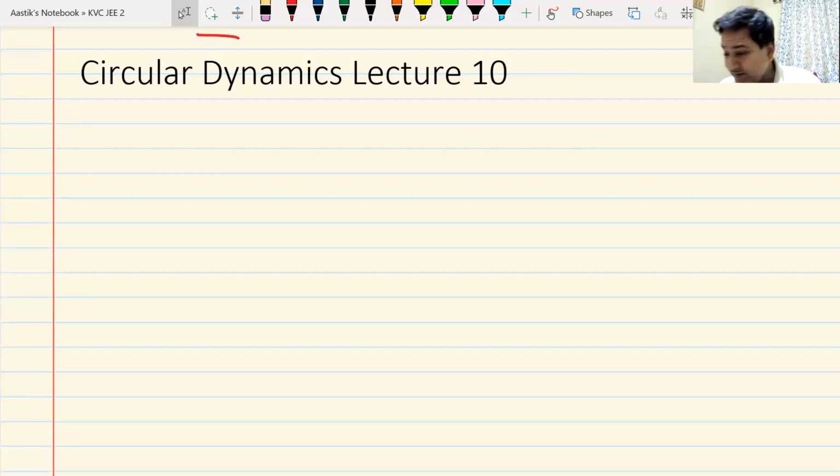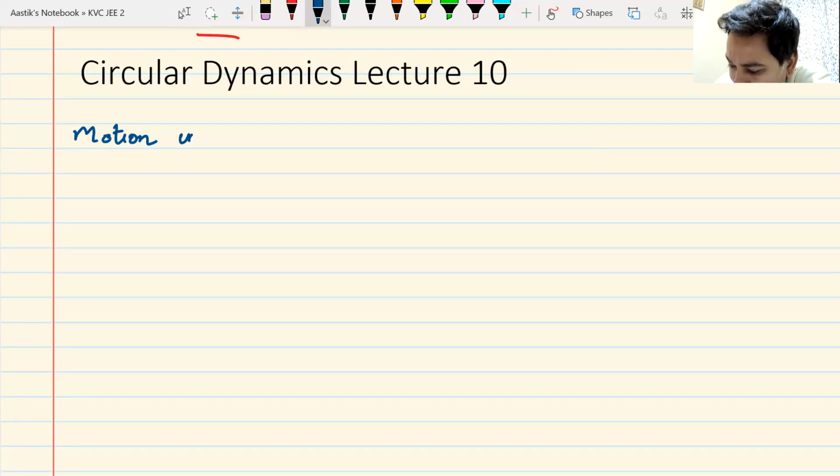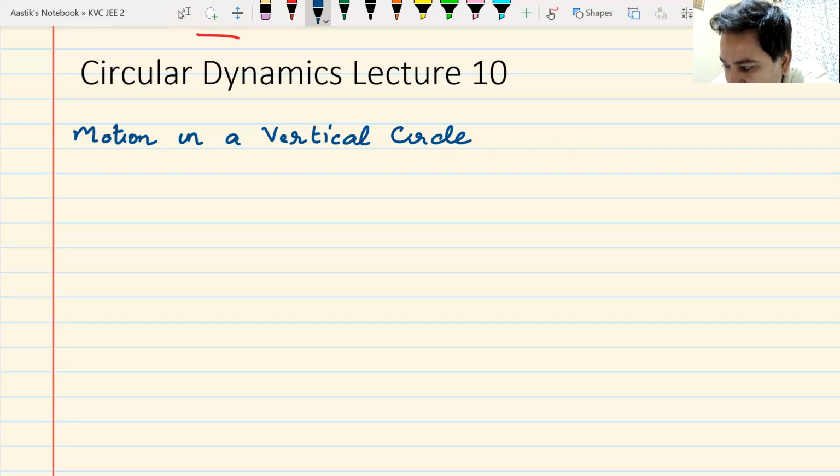Well, now is the time that we get into another topic of this chapter, which normally I do before horizontal circle, but this time I have changed the sequence. I have done horizontal circle first, and I am going to do vertical circle after horizontal circle.